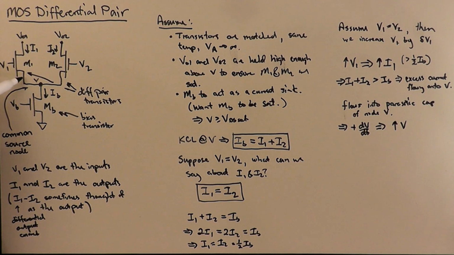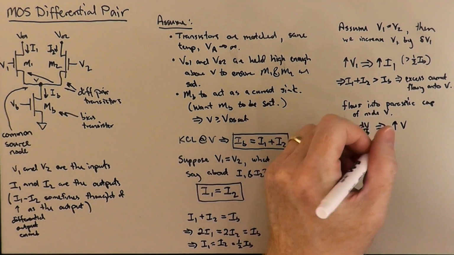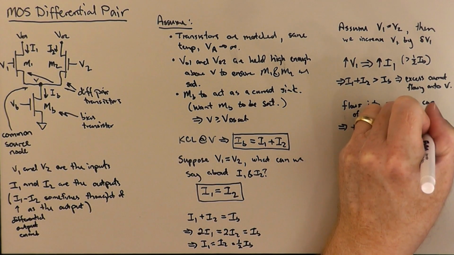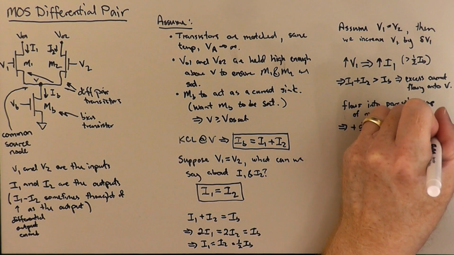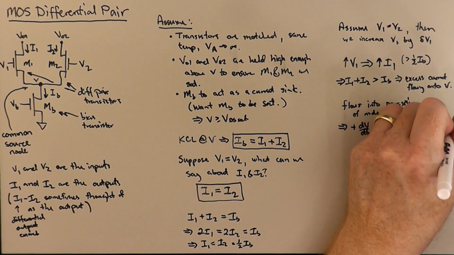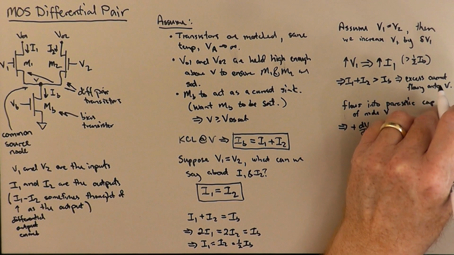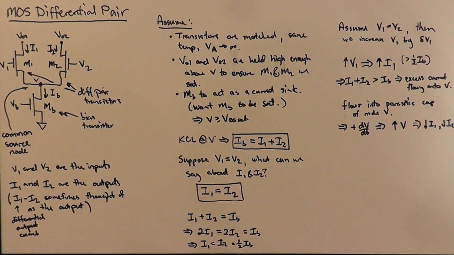However, being the source of M1 and M2 means that the increase in V is going to pretty dramatically decrease I1 and I2. The source was the most effective terminal at changing the saturation current of the MOS transistor.